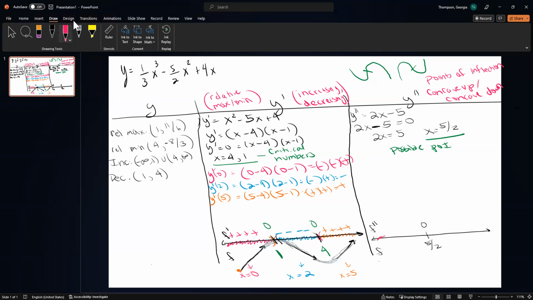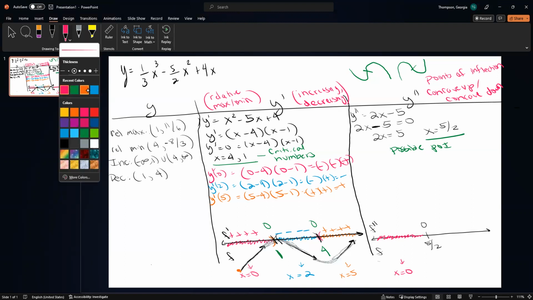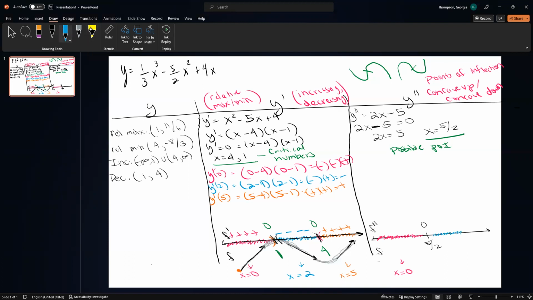So we're going to test a point from here, which we could choose anything to the left of 5/2. So I'm going to go ahead and choose x equals 0. And then we're going to choose something to the right of 5/2. So I'll just choose x equals 3. Okay, so then we're going to plug that in. Remember, we're working in the second derivative column, so I'm going to plug that into the second derivative.